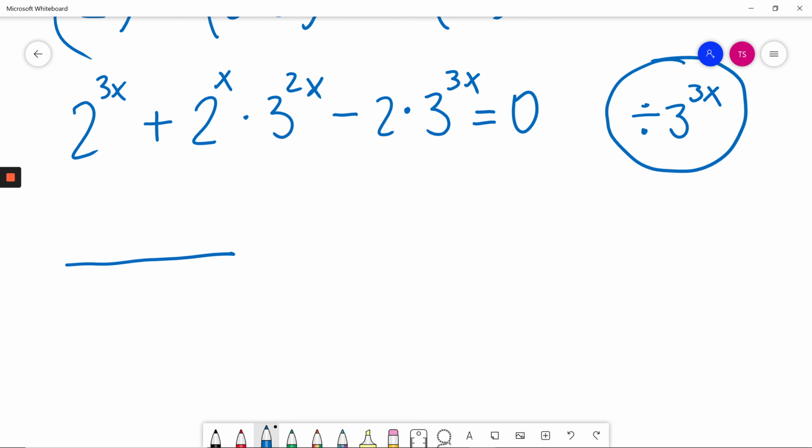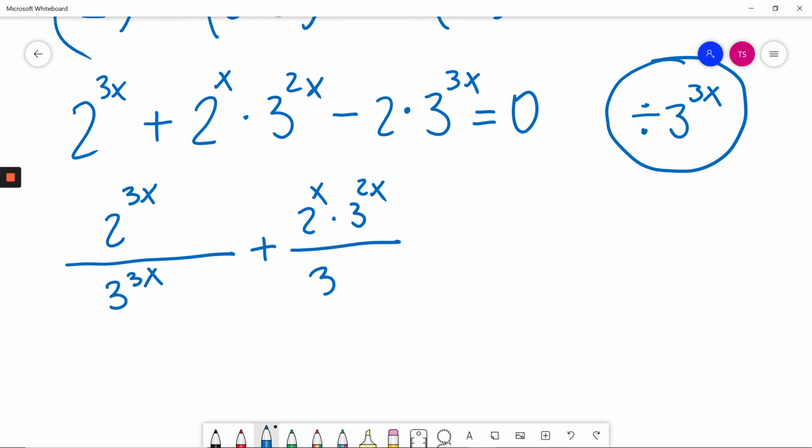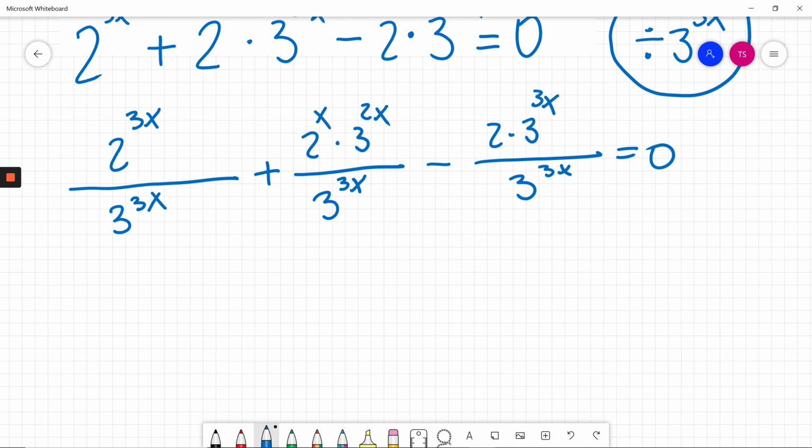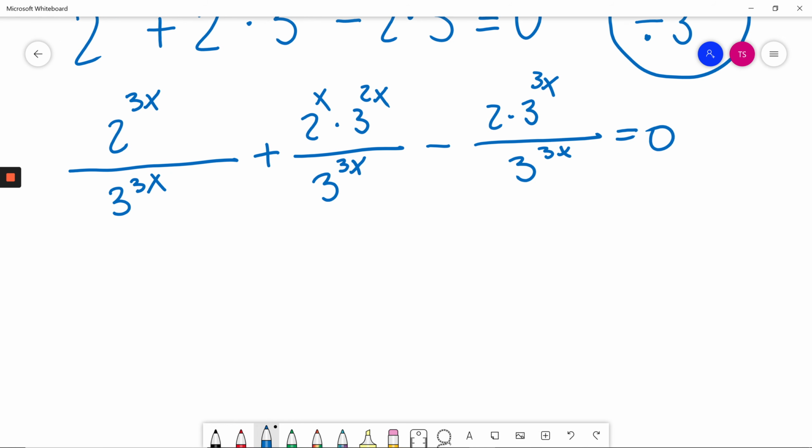So I will have, so I can write it as now, the first expression I can write as 2/3 to the power of 3x.